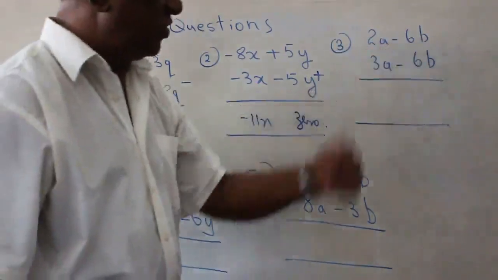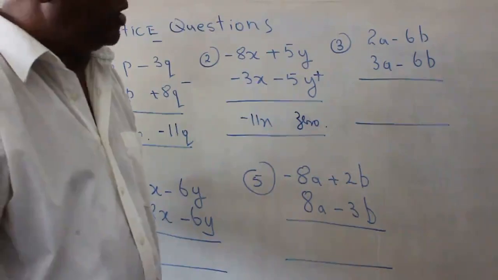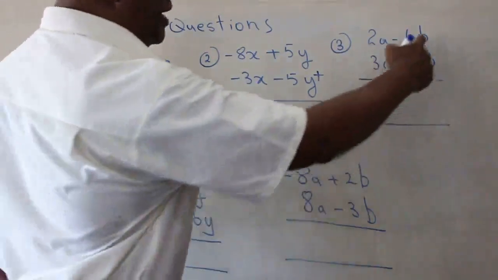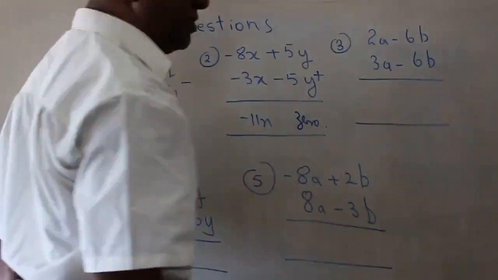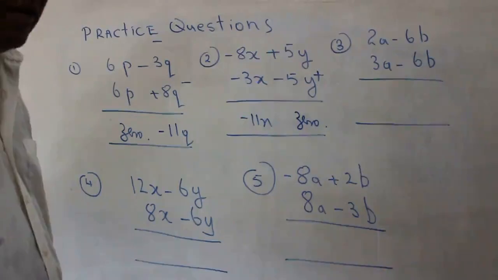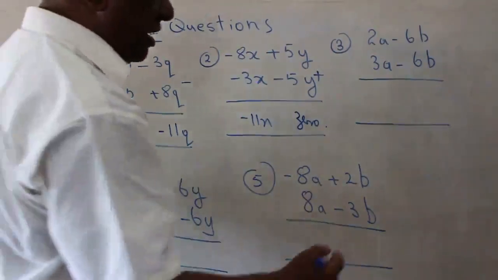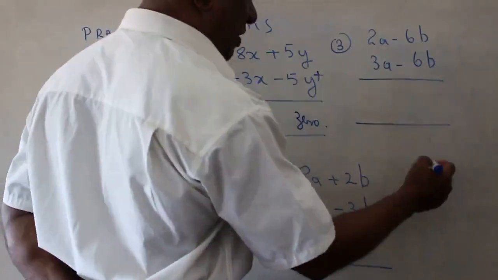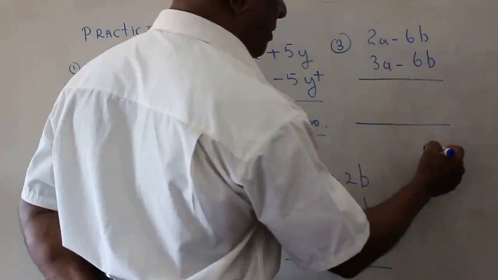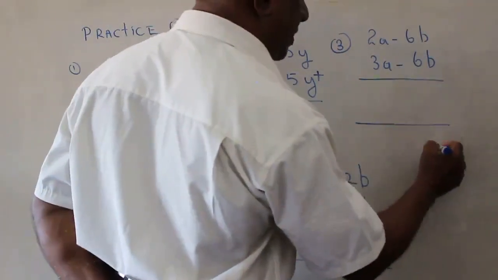Go to this one. Now can you observe and decide? Let's think and see how the b, which is with equal coefficients, how can it make b disappear? Will it be addition or will it be subtraction? If you are not sure, you don't have to worry. You go to the rough column, okay, I am not sure, therefore I will first of all add. So adding means minus 6a plus minus 6a.